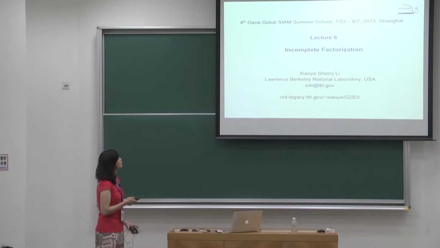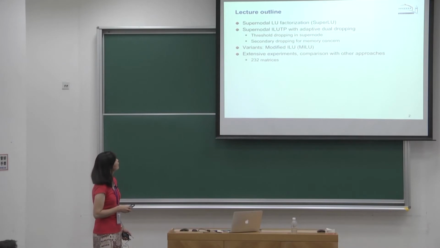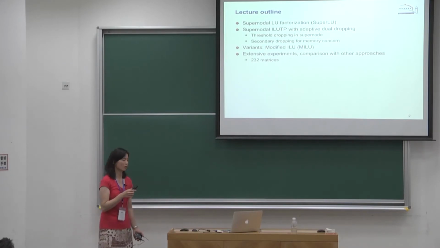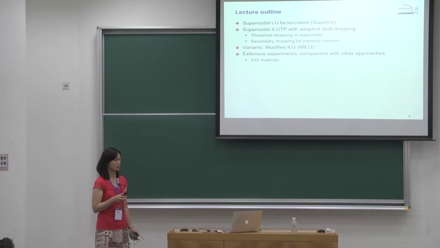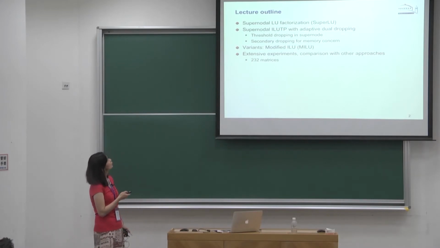Okay, so this lecture is about incomplete factorization. A lot of this comes from a research paper that I did with Meiyue when he was visiting the lab for a few months. It turns out the result was pretty good. So we put this algorithm in the sequential code, SuperLU.